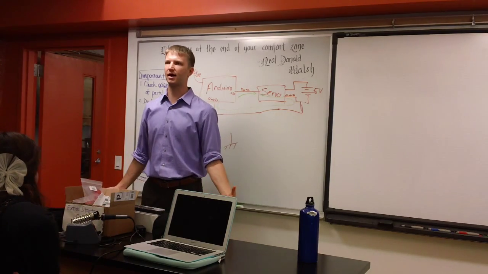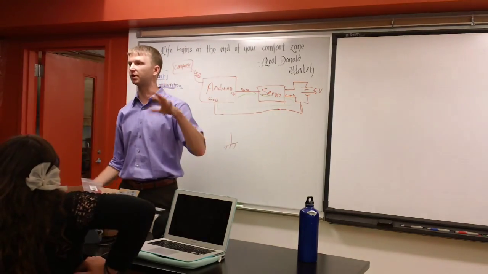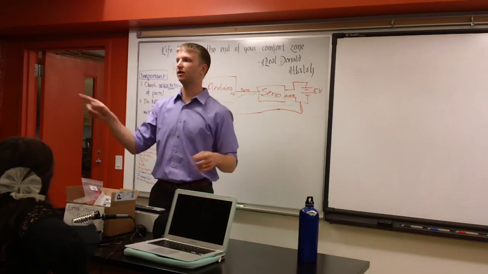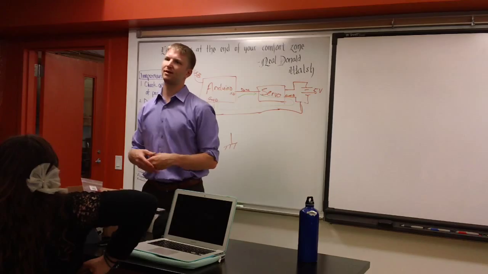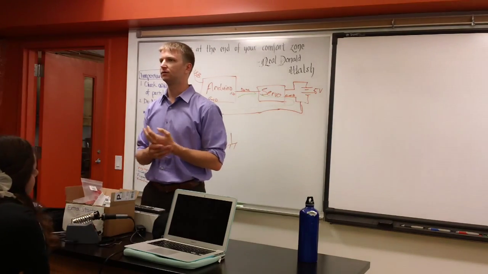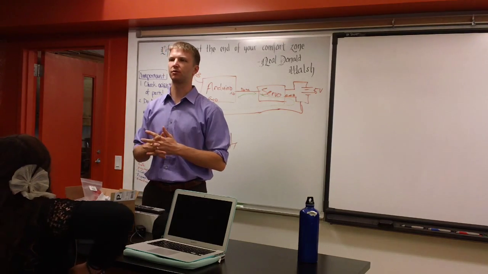And that's why it's called ground: back like 100 or 200 or 300 years ago when they were playing with electricity, they realized, oh, I don't have to put a second wire for the return path, I can put it through the earth. I can put it through ground. That's where the name comes from. Some people call it return now. They call it ground because they used to put current through the ground.